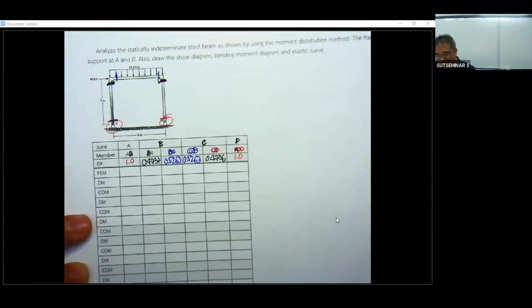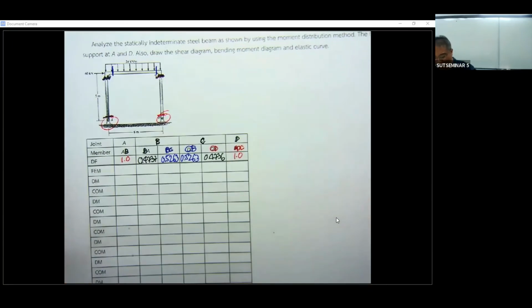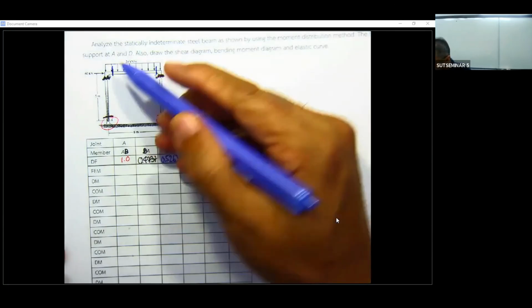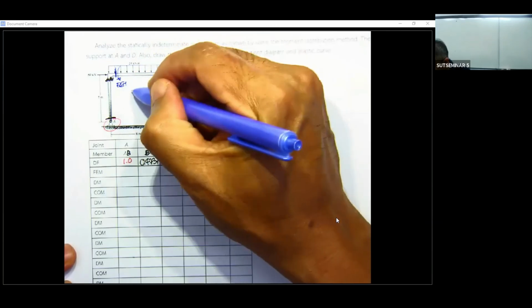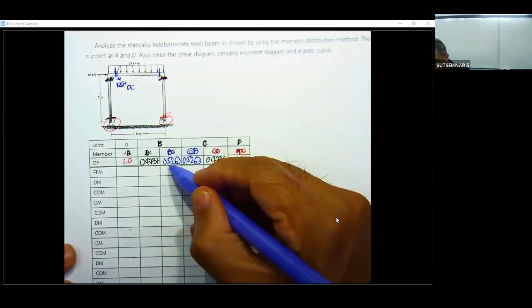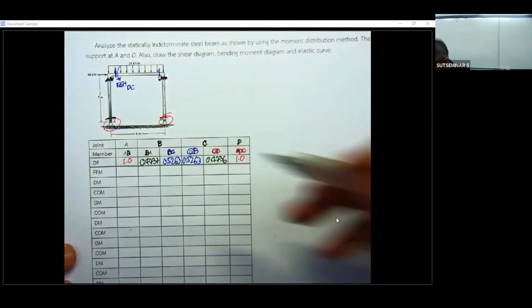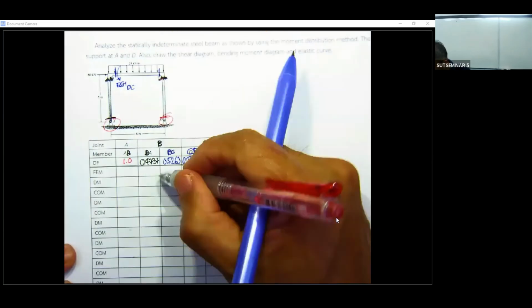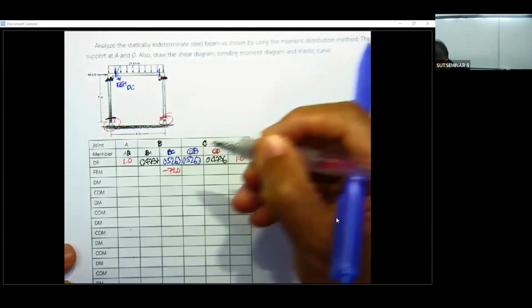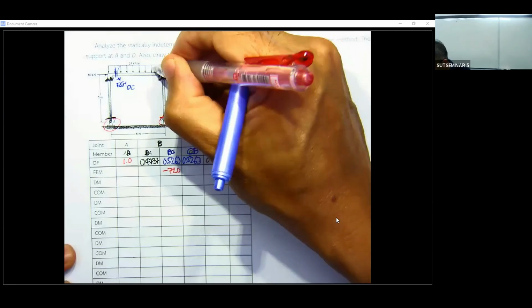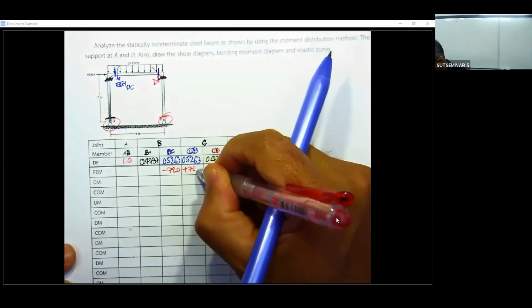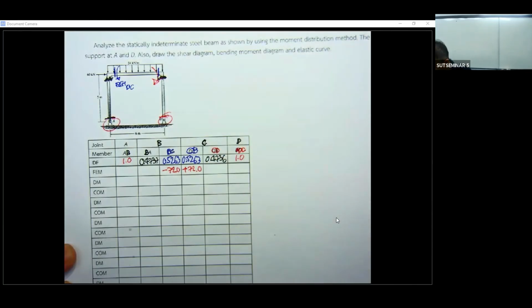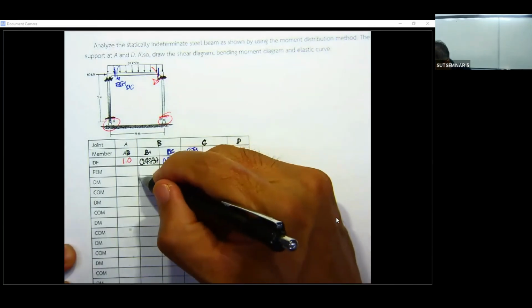And then what we have is the fixed end moment. The fixed end moment has, over here, the fixed end moment BC. BC is here, okay, and this is counterclockwise 72.0 if you remember, and this one is going to be plus 72.0. I do this because I like to show you how to do the moment distribution.